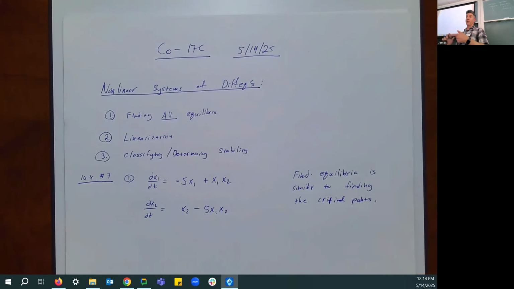Just like way back when we were finding the critical points and then seeing if we had a maximum or a minimum or a saddle, we would take both equations, set them both equal to 0, and solve them simultaneously. This is exactly the same process, just with a slightly different end result.